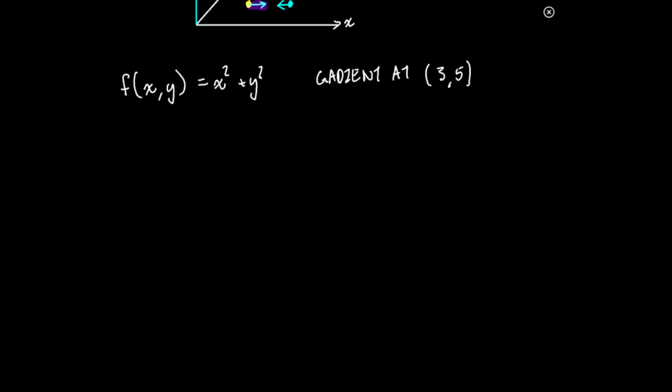Well, first we need to make our gradient function. And we remember that the gradient function of x, y spits out a vector, the first component of which is the partial derivative of f with respect to x, and the second component being the partial derivative of f with respect to y. So we need to define both these partial derivatives.